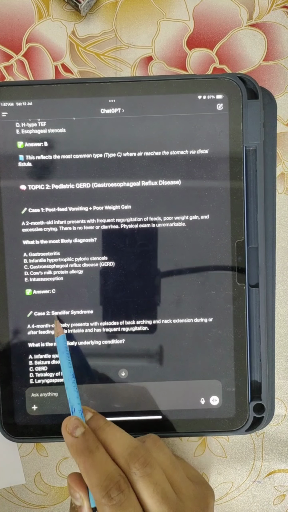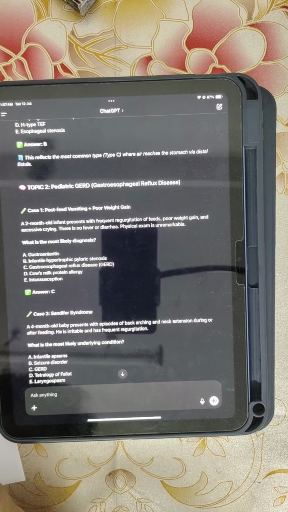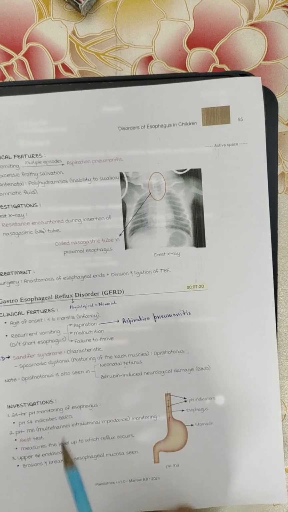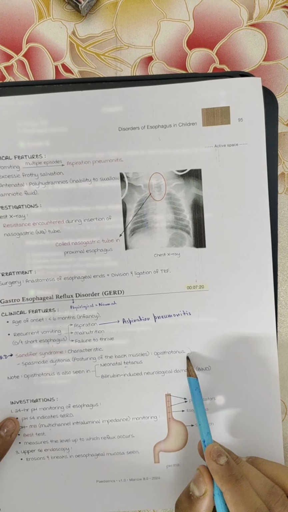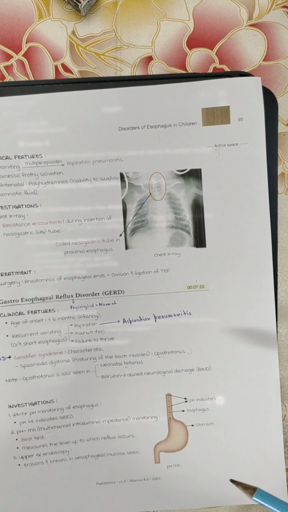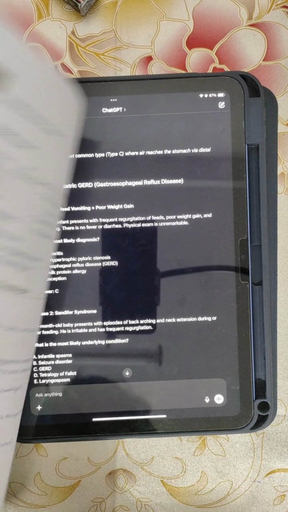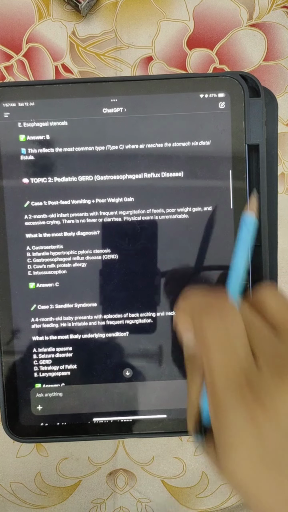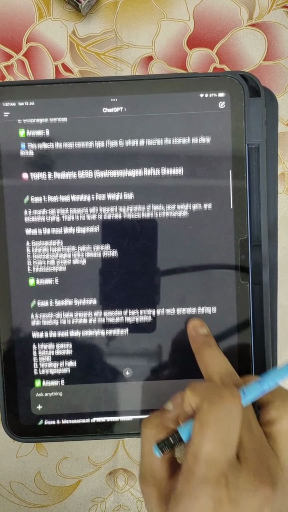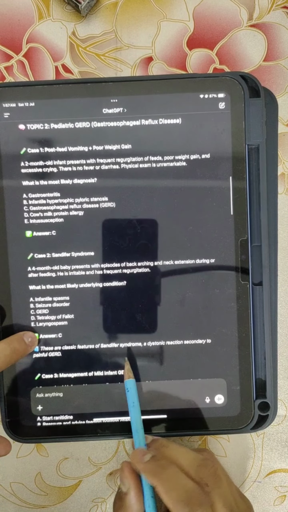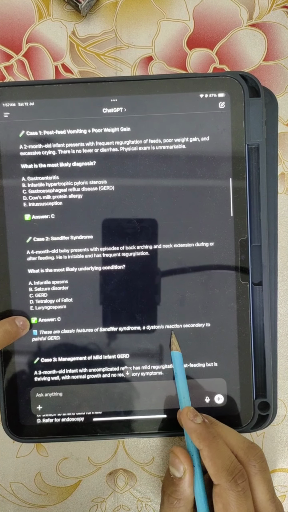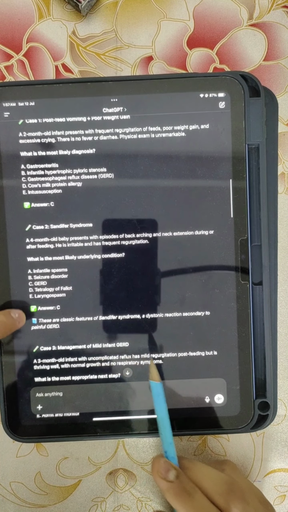It is Sandifer syndrome. Sandifer syndrome means spasmodic dystonia, that is opisthotonus after feeding. The pictures I have already shown you. So obviously this one is GERD as well. It is the classic feature of Sandifer syndrome, a dystonic reaction secondary to painful GERD.